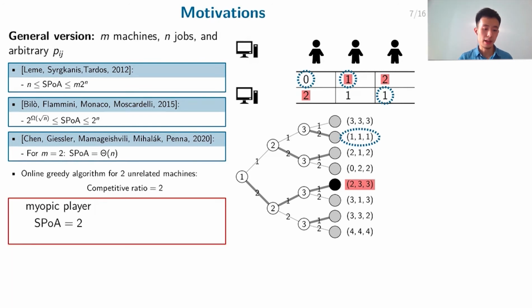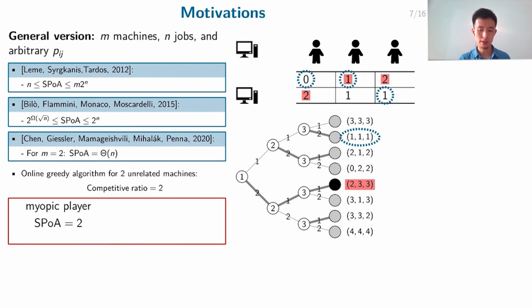However, on the other hand, the online greedy algorithm for 2 unrelated machines will output a rather good solution. This indicates that if the players are myopic, that is, they ignore the following players when they make decisions, the SPOA will be 2.